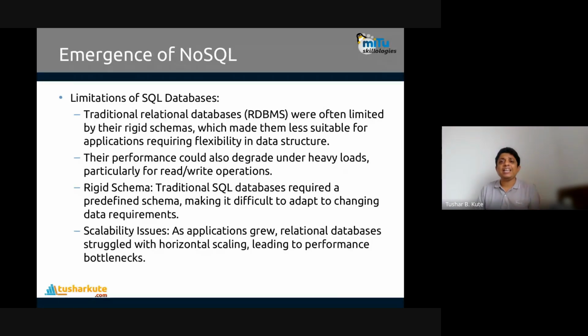Let's take an example: I want to store information about cricket players in a table. I'll define my schema: player's name, number of matches played, number of runs scored, average, strike rate, number of balls bowled, number of wickets taken, catches taken, economy rate, number of stumpings, and so on.